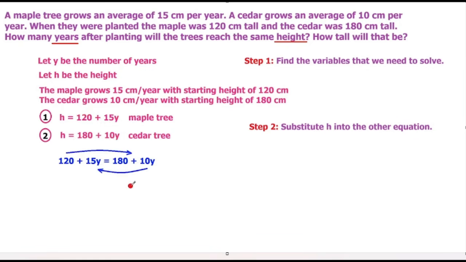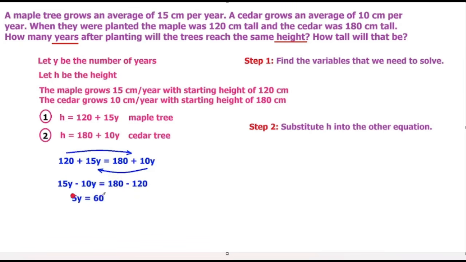Now we could gather our like terms, so we could move this over here, and then we can move this over here so it could be with the other whole number. And remember, when they cross over the equal sign, they change sign. So 15y minus 10y equals 180 minus 120.